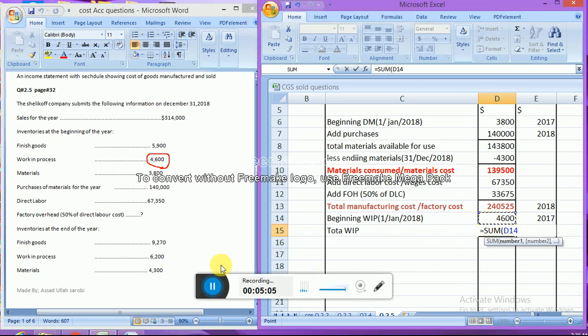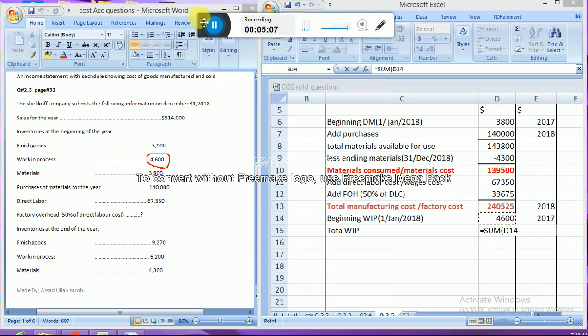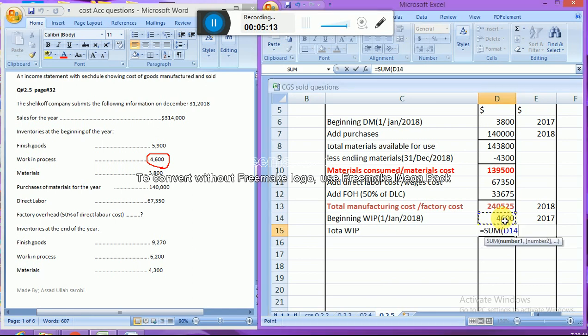So now we will add these two work in process. Look at it. When we add them, the total work in process is 2,45,125. The 2,40,525 is the current year 2018 work in process, and the 4,600 is the remaining work in process of the year 2017.